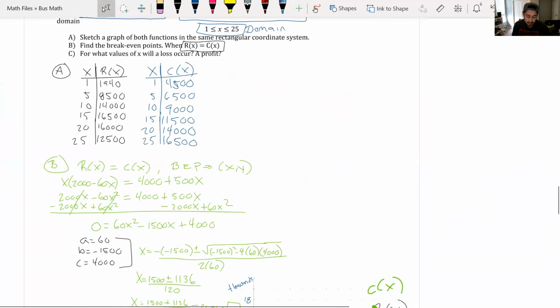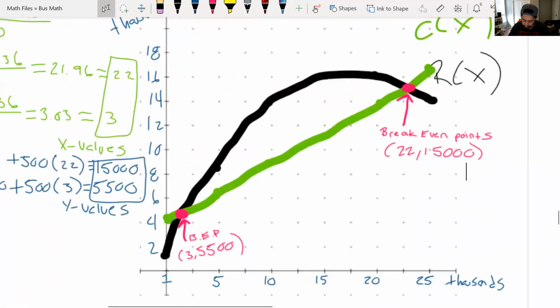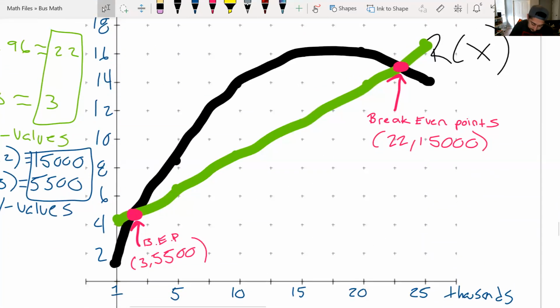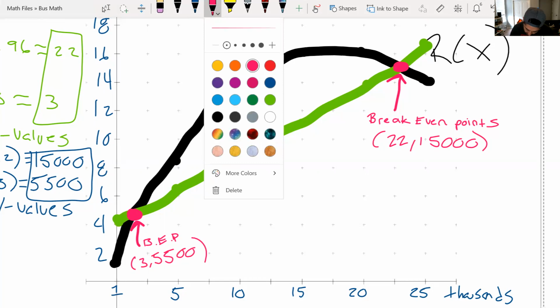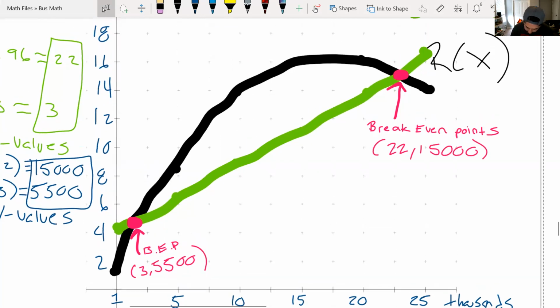Okay. And the last question, for what values of X will a loss occur and a profit? So C. Let's reference our graph. So what's another good color? Let's just do this blue. Okay. So a loss occurs.